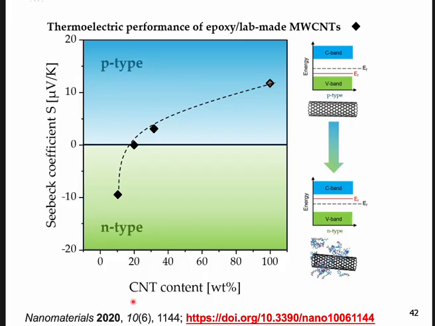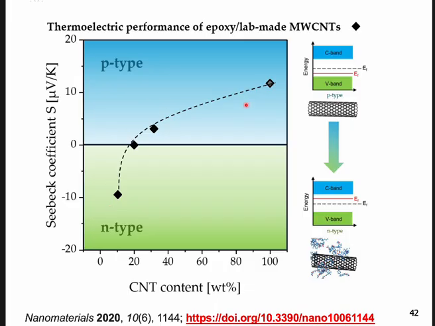Okay, so this is a typical example showing multi-wall carbon nanotube. They just tune the concentration of carbon nanotube in this epoxy, then they can tune the Seebeck coefficient of this material from N type to P type easily, and also with the varied Seebeck coefficient.